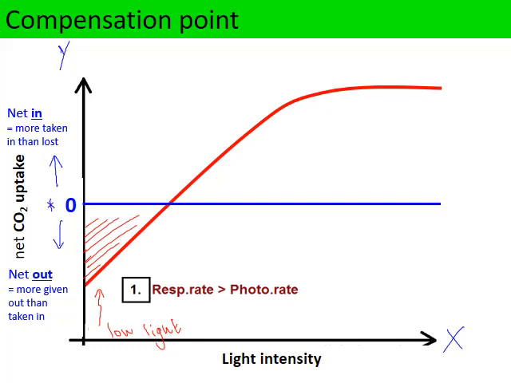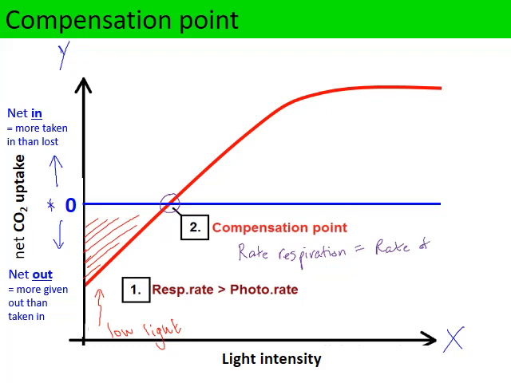Now, what we'll see is when there's zero net uptake of carbon dioxide, we're going to call that the compensation point. So this part here. And this represents when the rate of respiration, so the production of carbon dioxide, is equal to the rate of photosynthesis, or the use or the fixation of carbon dioxide.